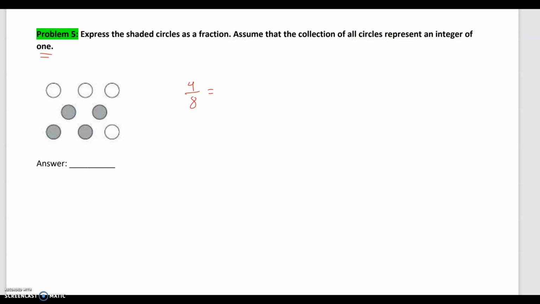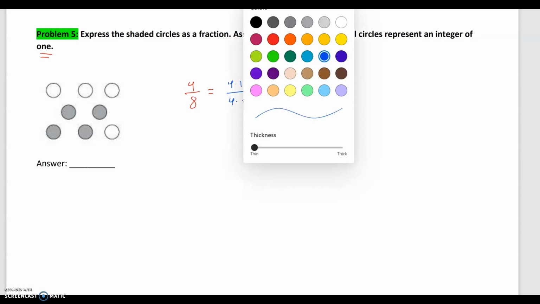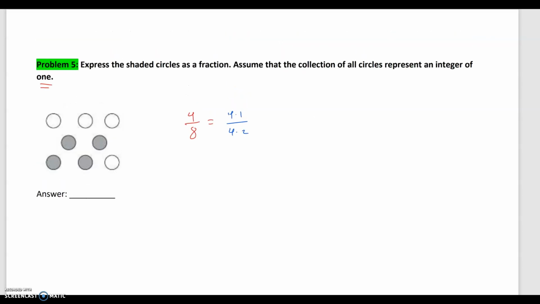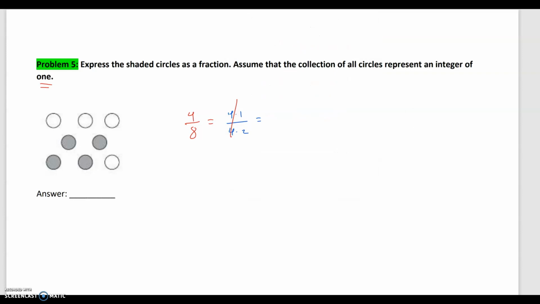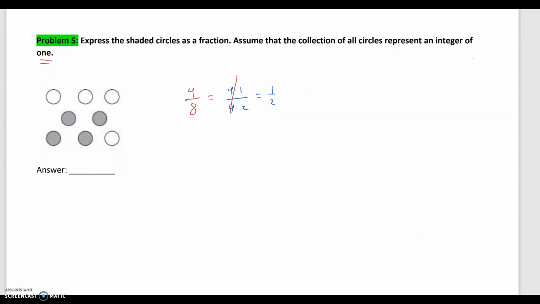And to reduce the fraction, you're actually canceling common factors. So 4 times 1, and then 4 times 2. And then here, your 4s cancel. So this particular one, the most proper way to express it is as a half.